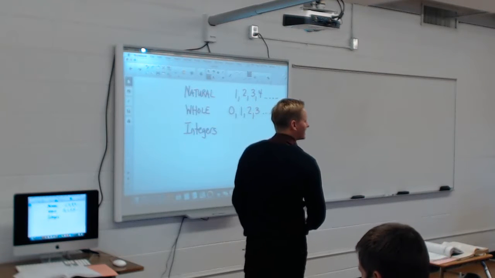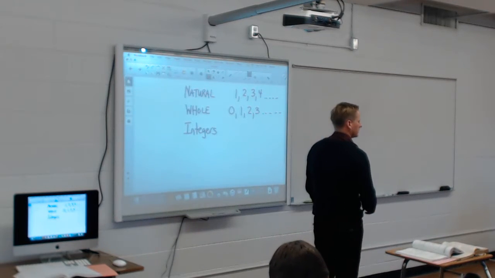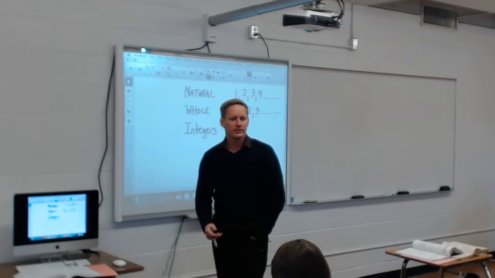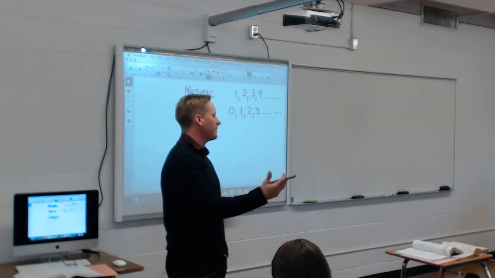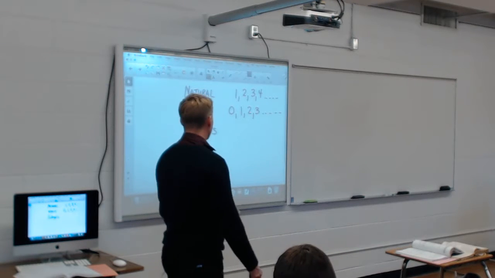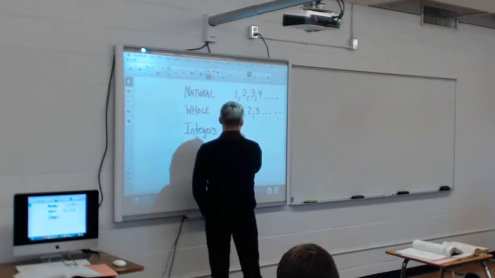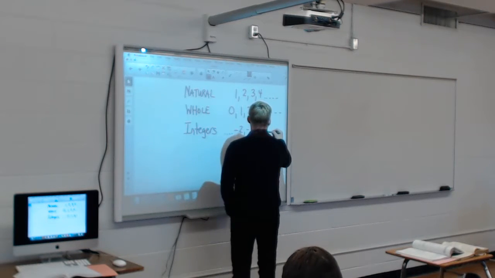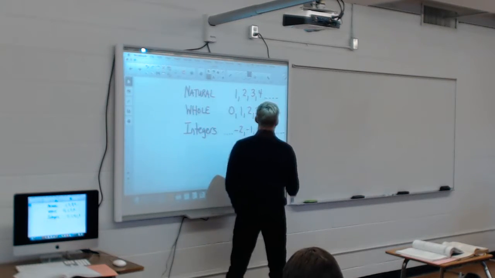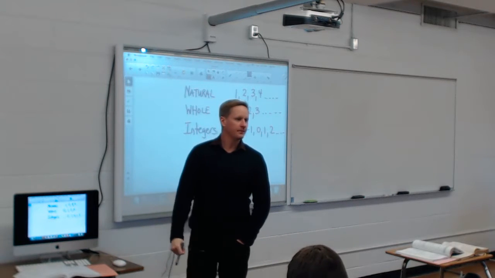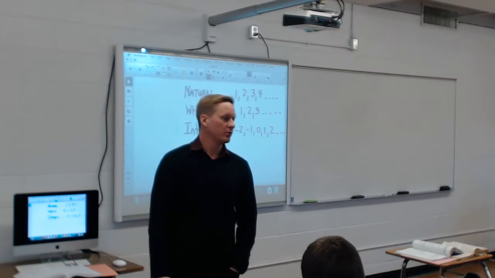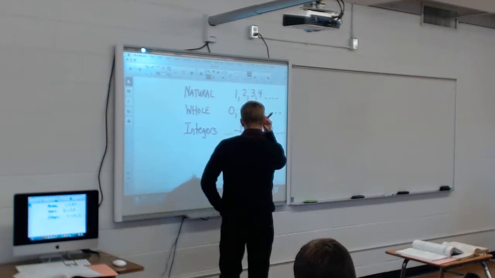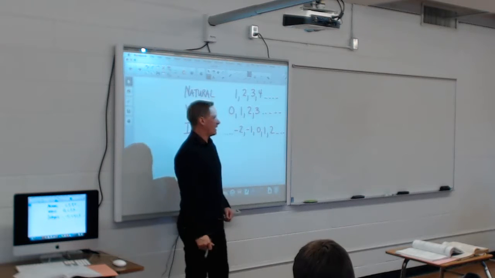Integers now, the next largest set of numbers. What does the integers include that the whole numbers do not? Negatives. But again, this number is only going to be divisible by 1.